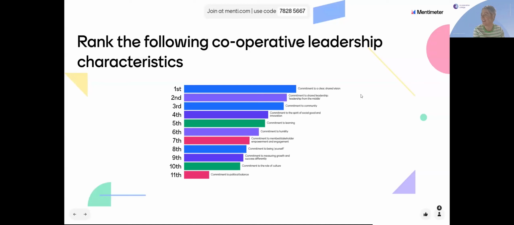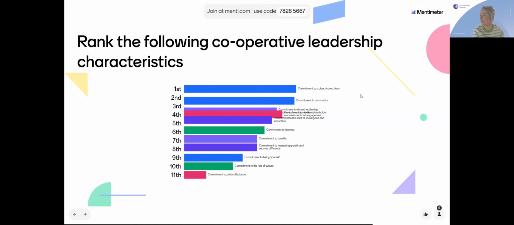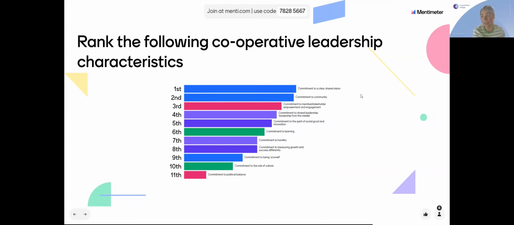Okay, it's changing again. That commitment to community keeps going up and down. Very important one though, isn't it? And they're all important equally, just in different ways.